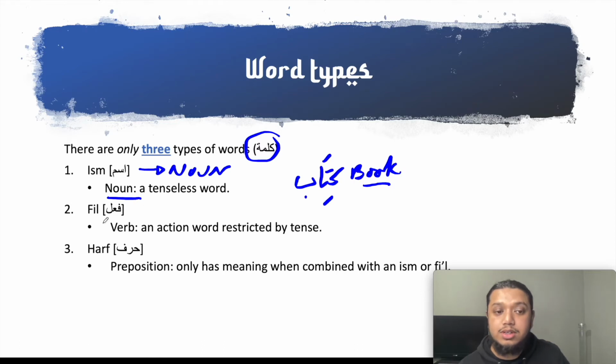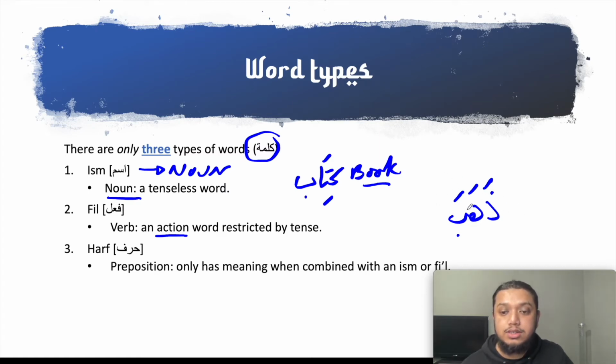The second type of word is fi'l. Fi'l is a verb, and a verb is an action word which is restricted by tense. If we would say dhahaba as an example, the verb dhahaba means to go. Well, it means went. He went.